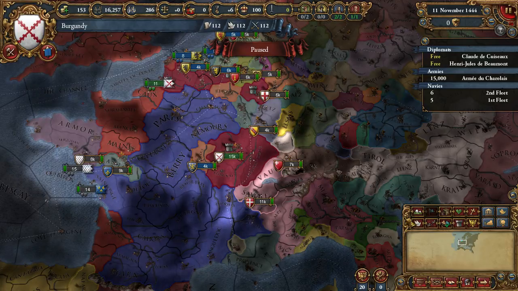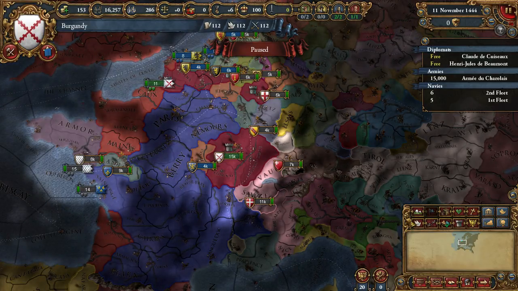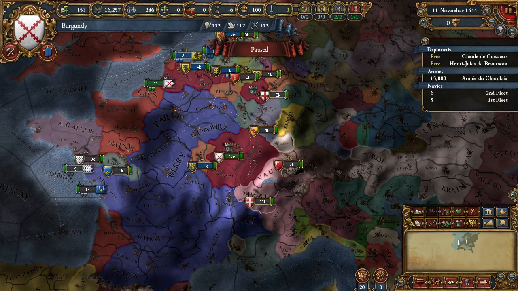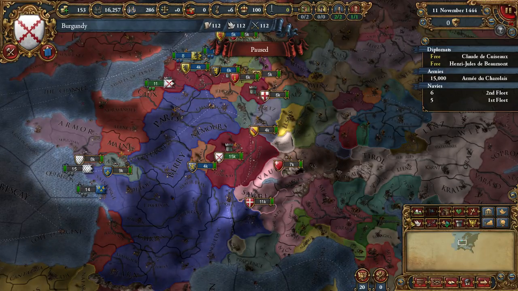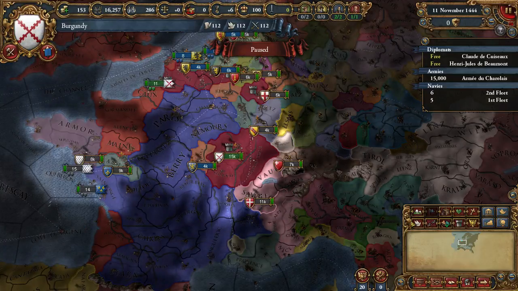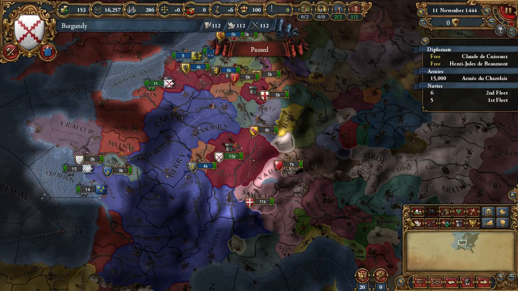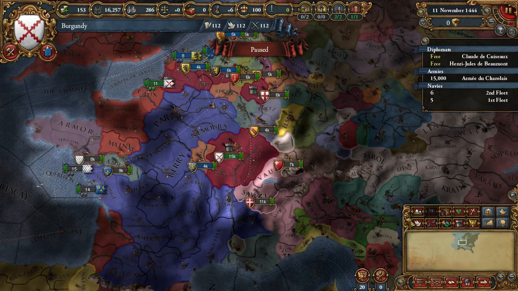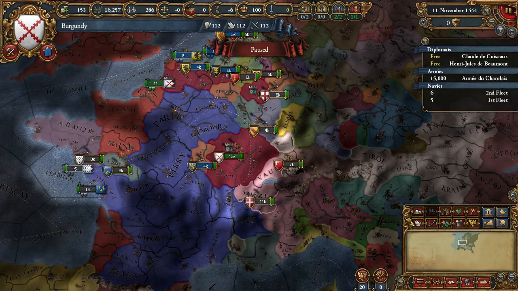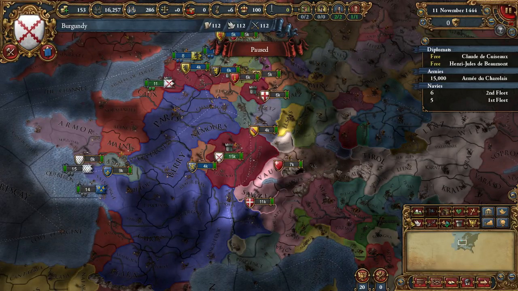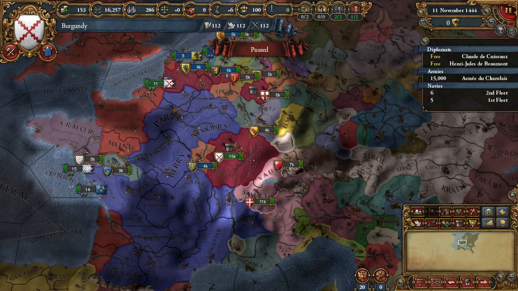Then Philip II the Brave became the Duke of Burgundy. He was from the Valois dynasty, the ruling dynasty in France, and after he became the Duke, Burgundy became one of the most powerful states in the French kingdom.